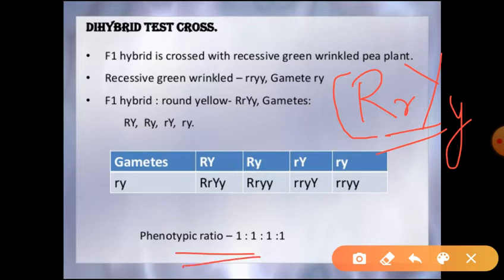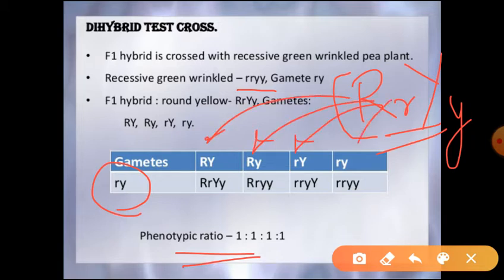Because the recessive plant is in homozygous condition, it will produce only a single type of gamete, that is small r and small y. F1 plant is in heterozygous condition, so it will produce four types of gamete which are indicated here, and this single type of gamete of recessive plant has equal chance to fuse with any of the four types of gametes from F1 plant.